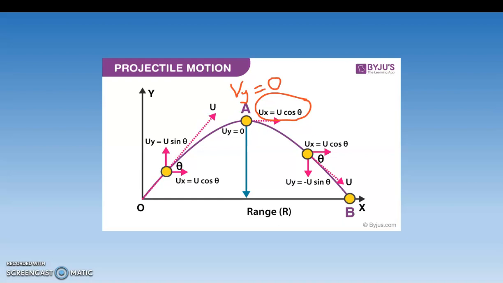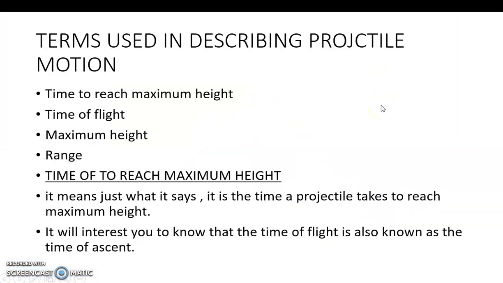Also, at this point, Vy or Uy is decreasing. It decreases until it gets to 0. But it will increase vertically downward when it's going to the ground.